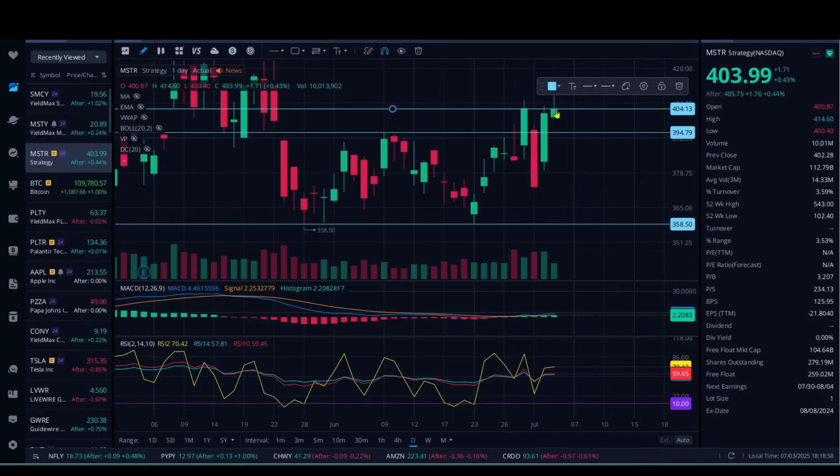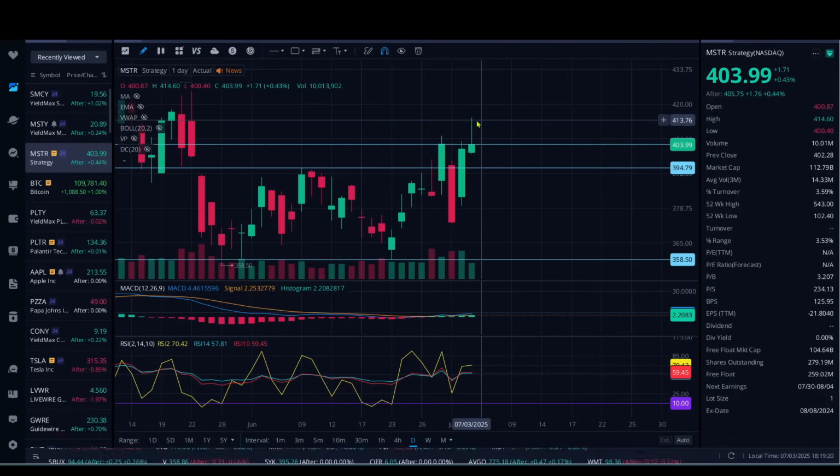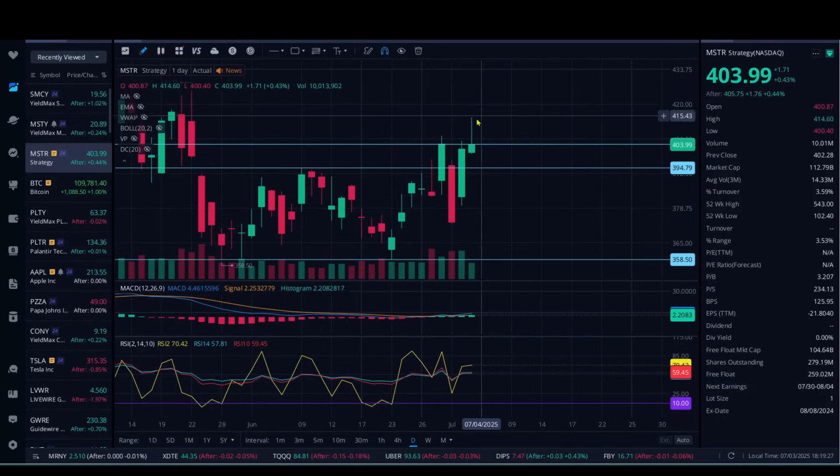So it both times ended up pretty much closing right there on that line. So that's kind of interesting. That could be another little resistance line right here, but we did go through it. Now the question is can we keep on going through it and surpass this resistance? But that is a lot of sellers right there. So we found the sellers, but now we've got to power through them.